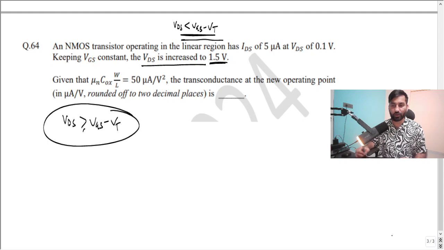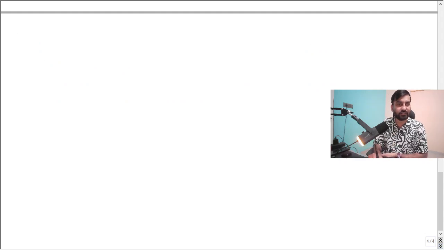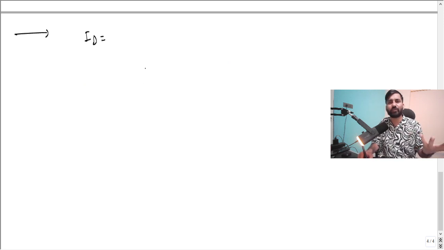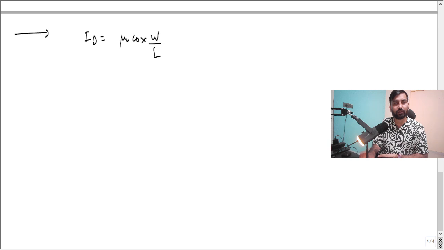What is the equation in the linear region? ID equals mu Cox W by L times (VGS minus VT) times VDS minus VDS square by 2. This is the equation that everybody knows.